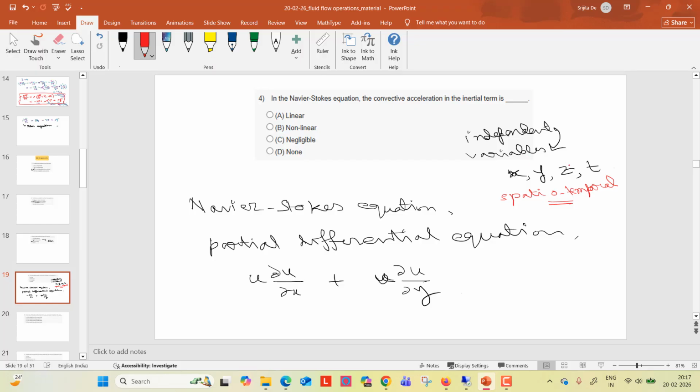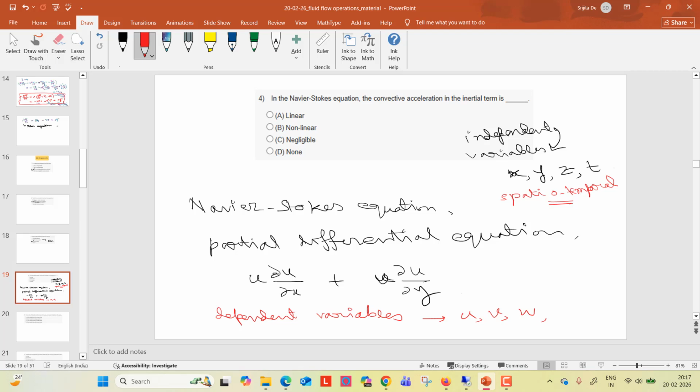So these four are the independent variables. And what are dependent variables? We need to find dependent variables. So dependent variables are the velocity components u, v, w and pressure.